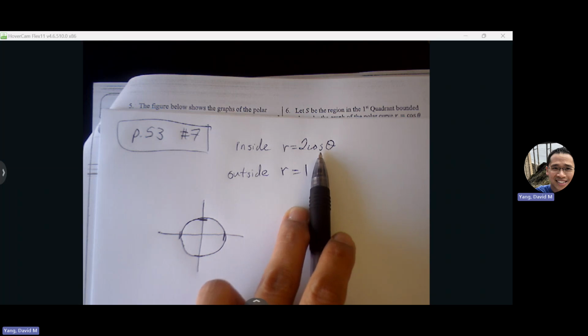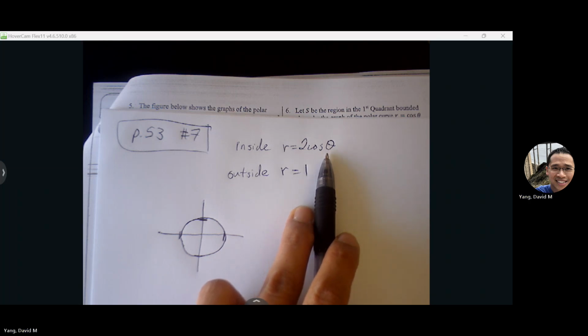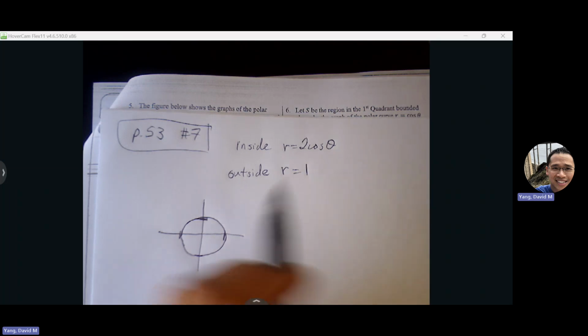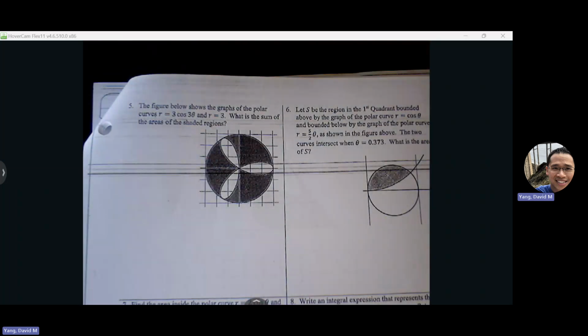So it's going to be at 1, or when theta is 0, it's going to be at 2, which means the center is going to be at 1. So it's going to have that overlap look about it.